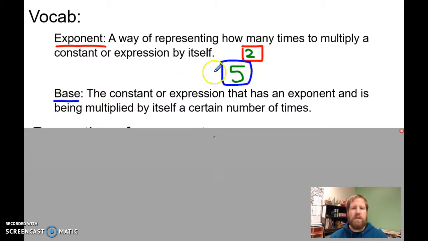The base is your original number, and the exponent is telling you how many times that should be multiplied by itself. So 5 to the second is the same as saying 5 times 5.